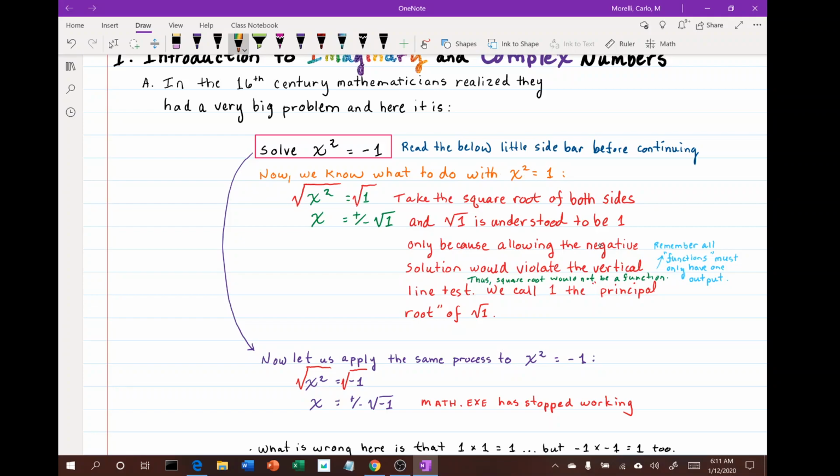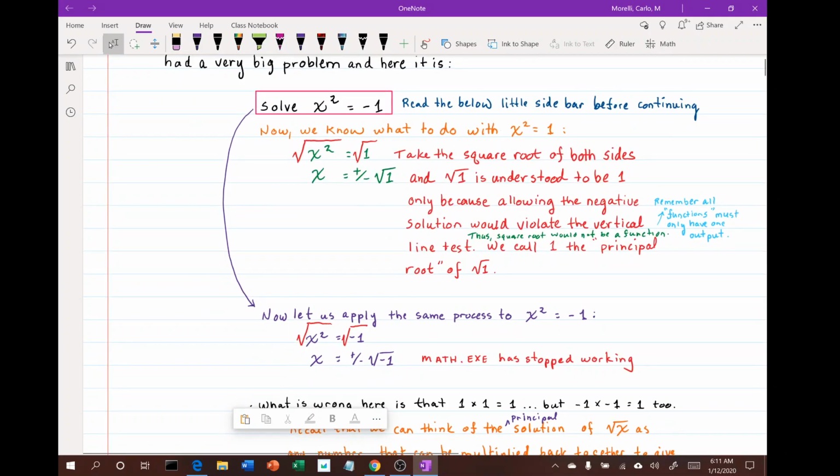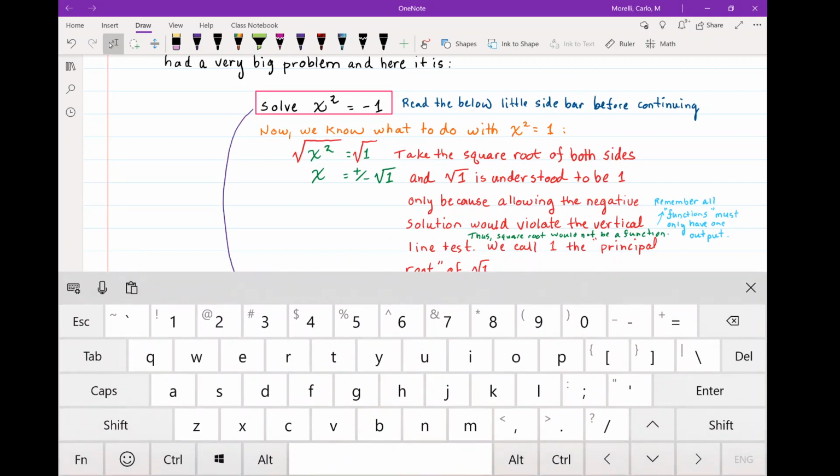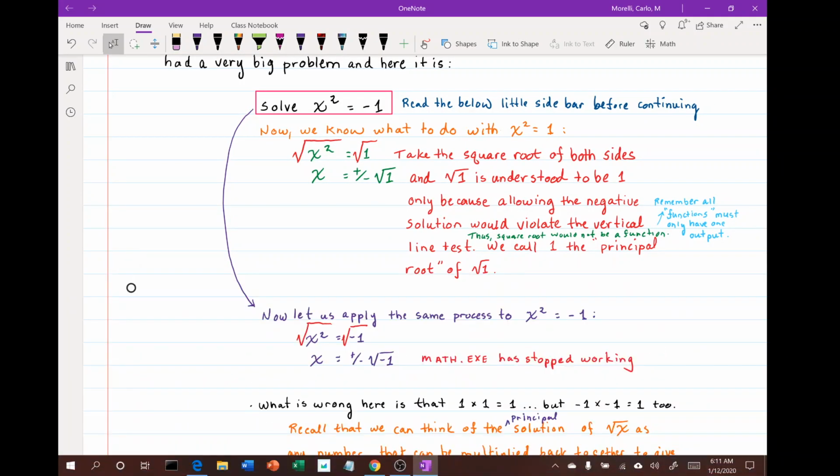That's why we only take the positive root when we're working with functions. Now, so we know that this works. We can do this. X squared equals 1, positive 1. We know we can solve that for x, and restricting to the positive solution, it's even functional.